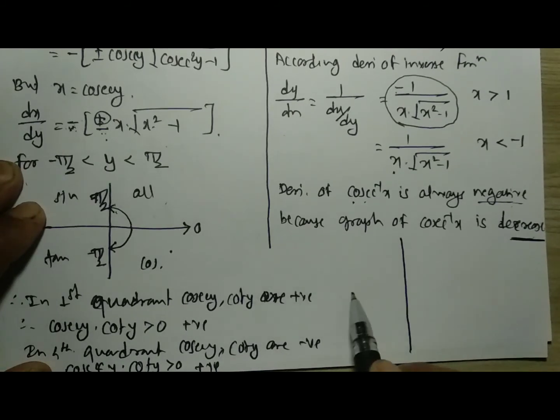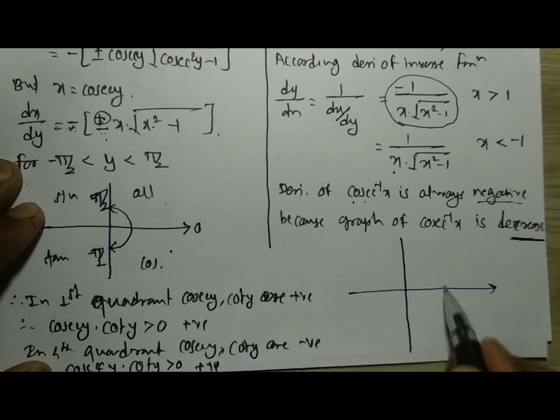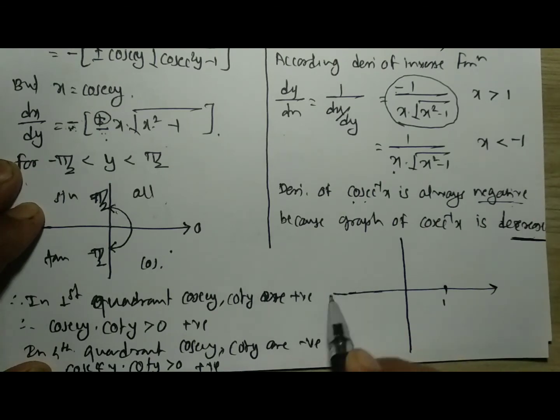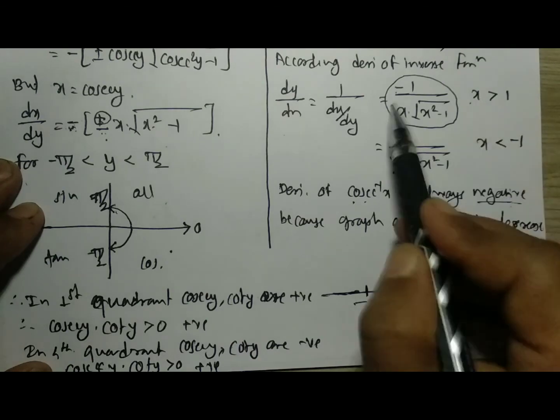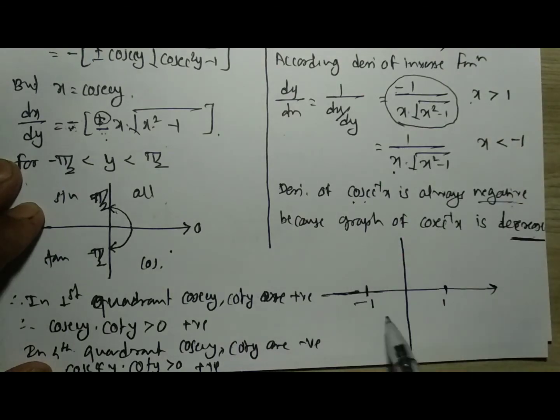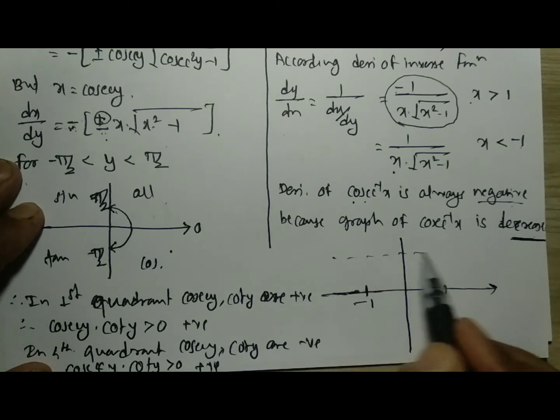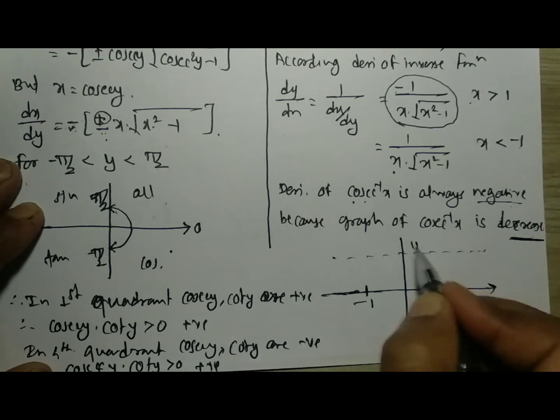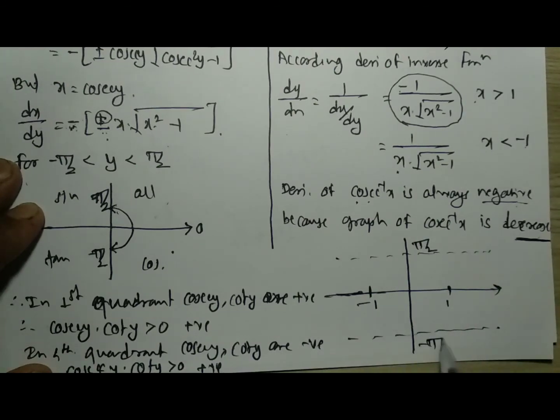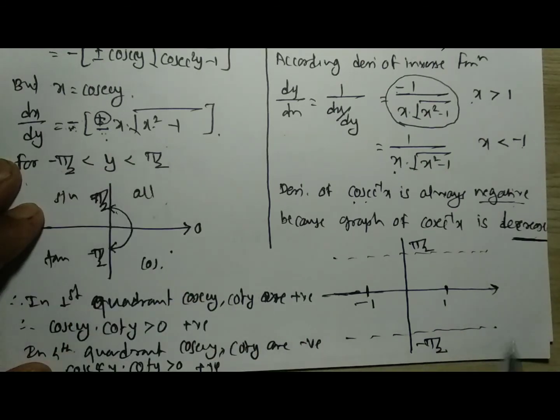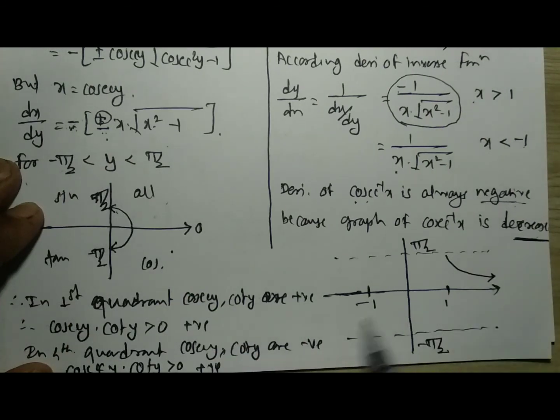How is it considered? First of all, we take 1 here and minus 1 here, and our values are x greater than 1 here and x less than minus 1 here, and therefore you will get this value here, minus pi by 2 and pi by 2 in between these two, and the graph is decreasing like that.